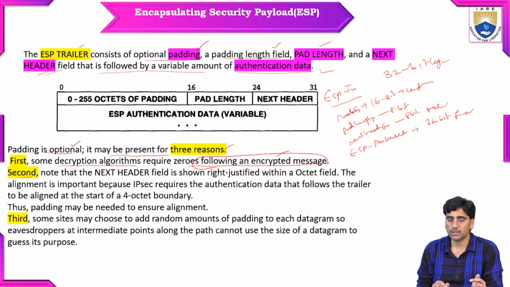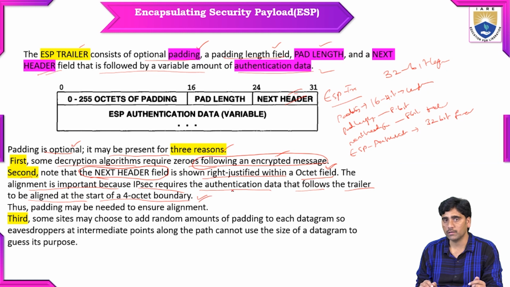The second one: note that the next header field is shown right justified within its octet field. The alignment is important because IPsec requires the authentication data that follows the trailer to be aligned at the start of a 4-octet boundary.